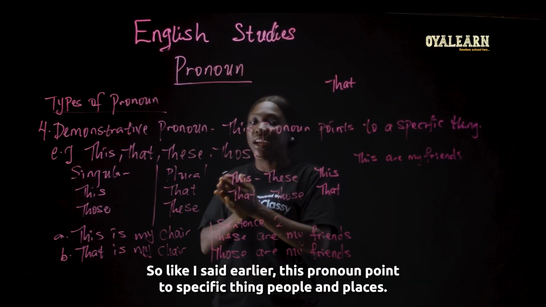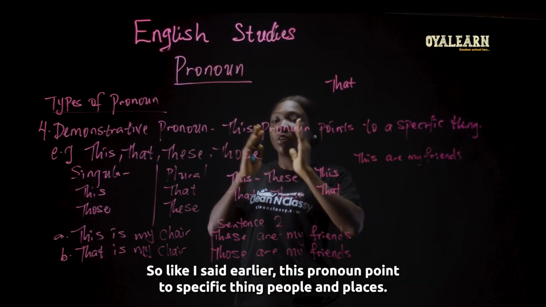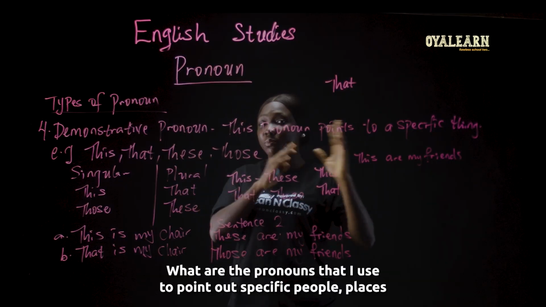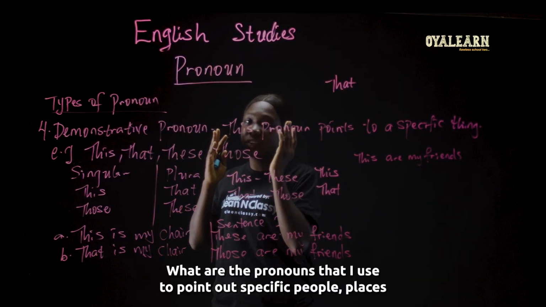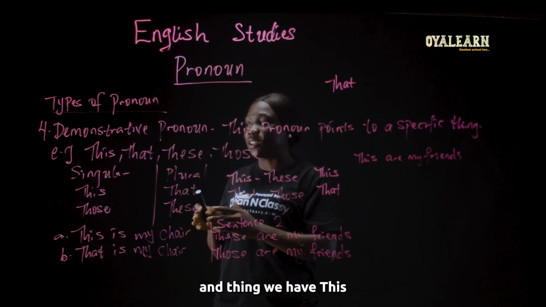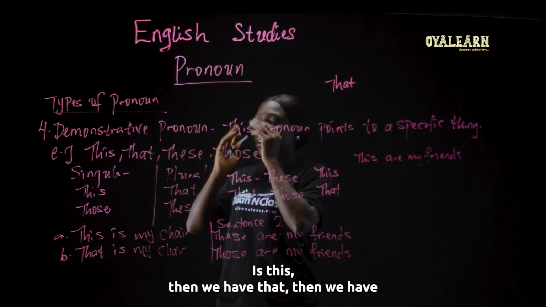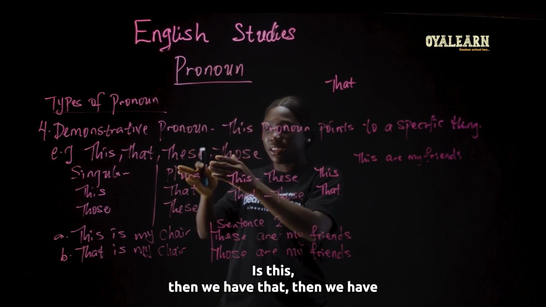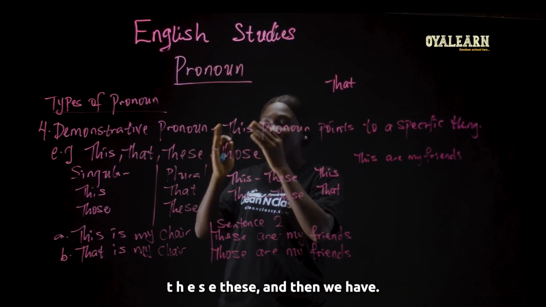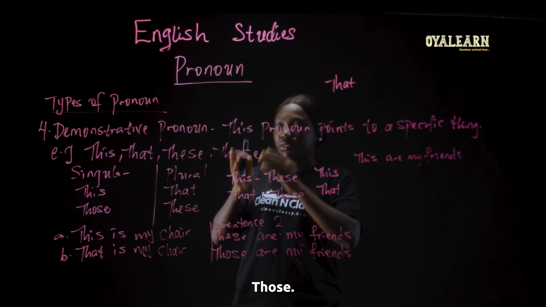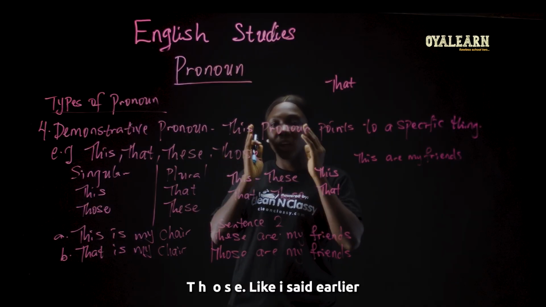So like I said earlier, this pronoun points to specific things, people, and places. And what are the pronouns that are used to point out specific people, places, and things? We have this, that, these, and those.